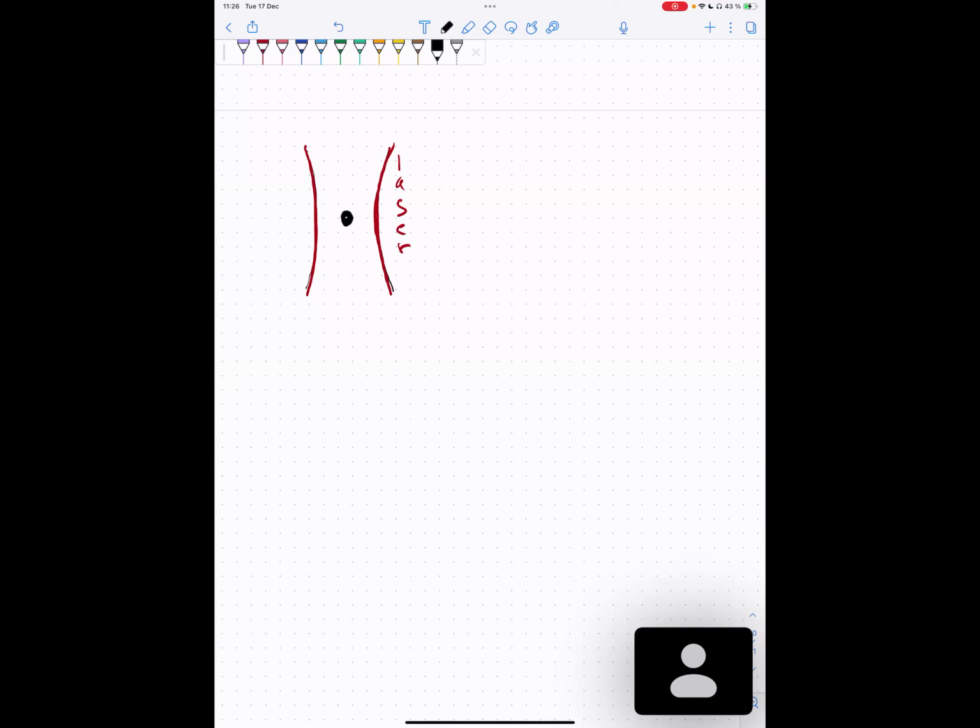And if we move this laser slowly enough, because of this potential which is created for this particle, we can actually move the particle.